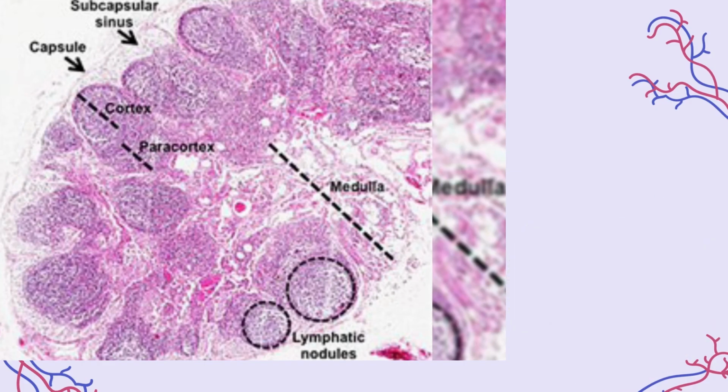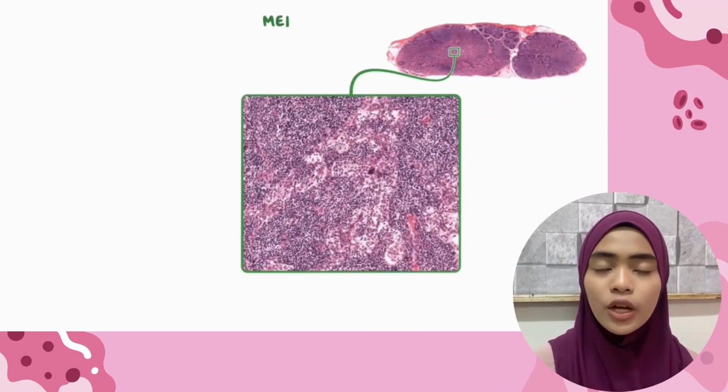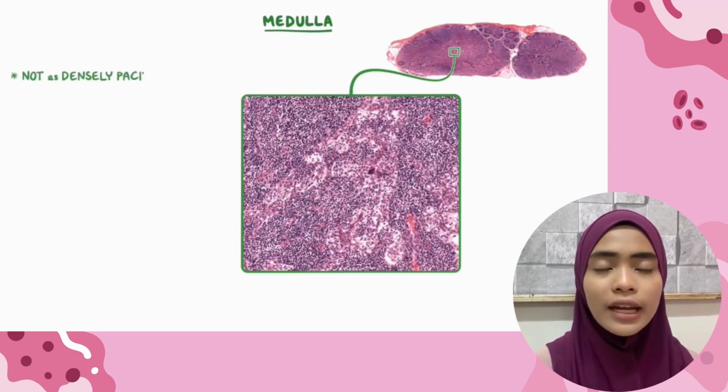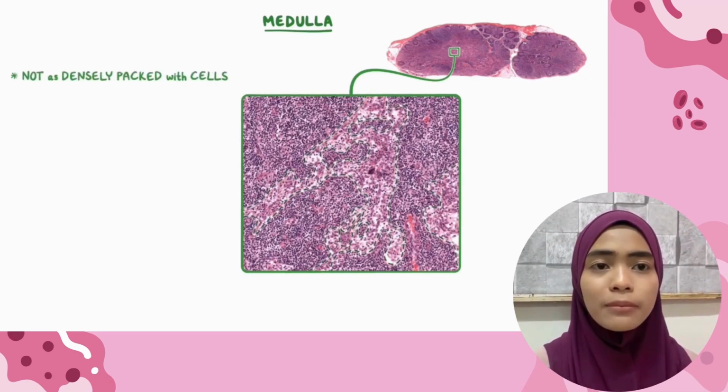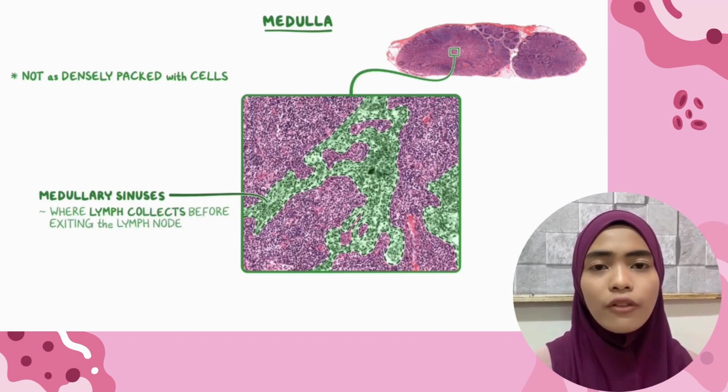The medulla has a lighter or brighter appearance compared to the inner cortex because it is not densely packed with cells. That is because the medulla has many open spaces that form the medullary sinus, which is where the lymph from the cortex collects before exiting the lymph node through the efferent lymphatic vessel.